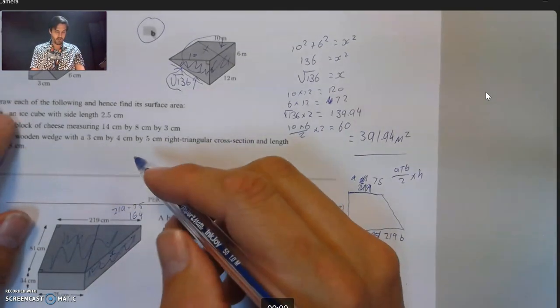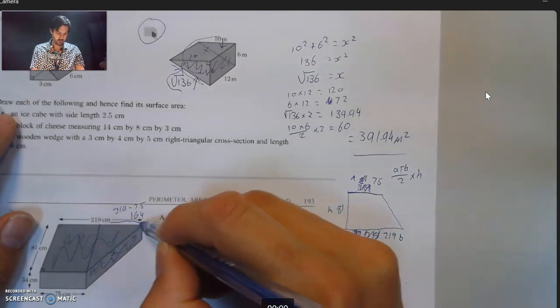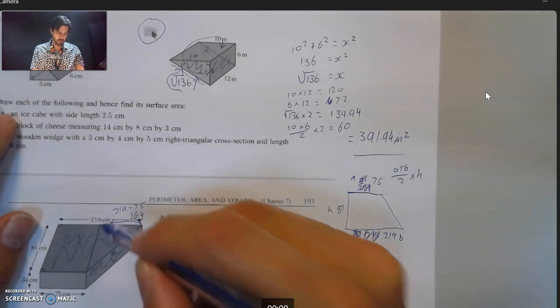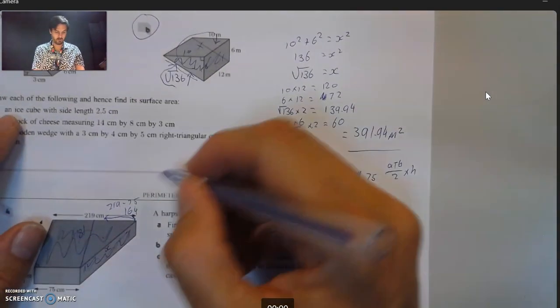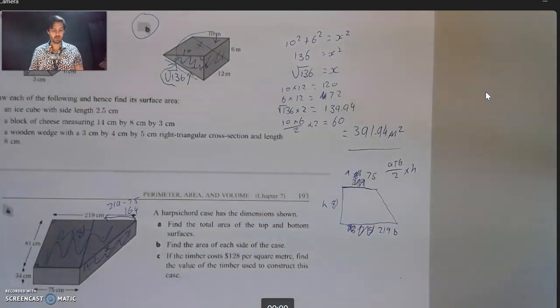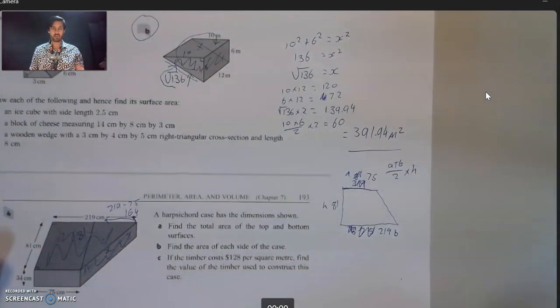So we know that this length here is now 164. We have the height as 81. We can find the hypotenuse by doing a squared plus b squared equals c squared, and doing the square root of those. Then, same thing as we've done before, we add the areas of all the shapes. That'll give us the surface area of that entire shape.